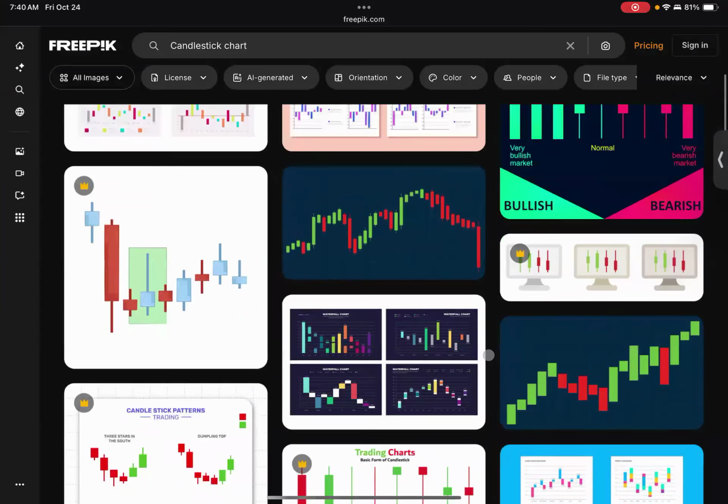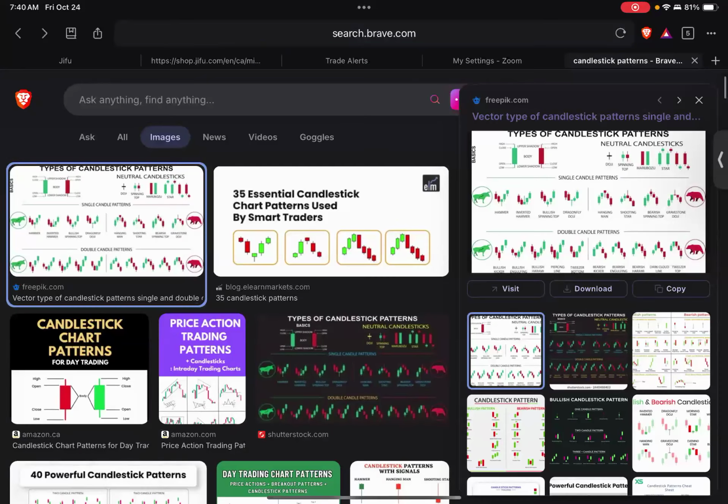Right, like how different candles look if we have a doji, spinning top, the morning star, evening star, dragonfly, doji. There's different candlestick patterns where the market can show you quite a lot, right?